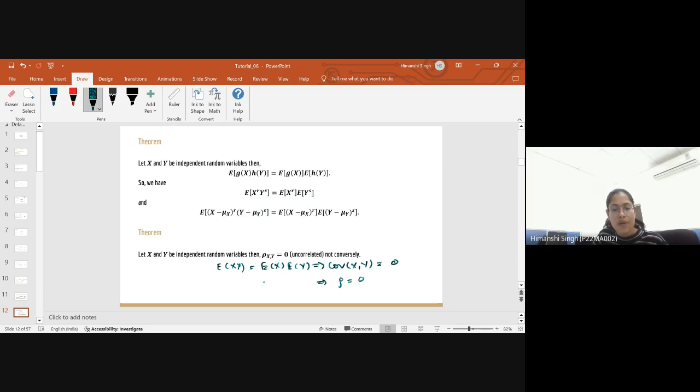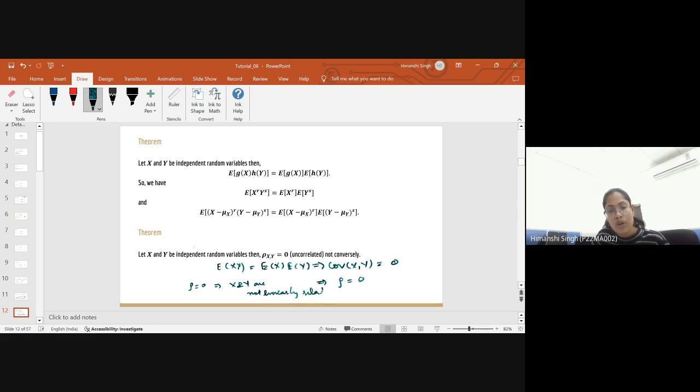So basically, if I have two independent random variables, then their correlation coefficient will be 0, meaning they are uncorrelated. But if I consider the converse, that if they are uncorrelated, then that does not imply that x and y are independent random variables. So the correlation is 0. This will imply that x and y are not linearly related.